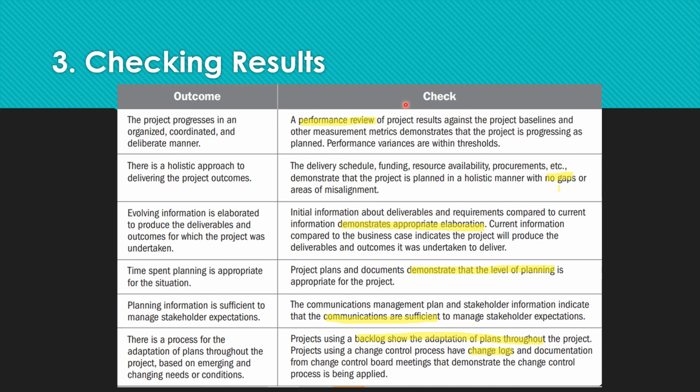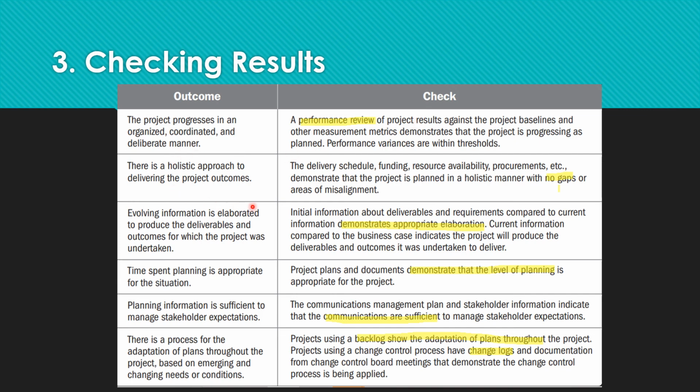You can use performance review of project results against the project baselines, and check that project variances or performance variances are within the thresholds. That's one way of checking the project is progressing in an organized and coordinated manner.